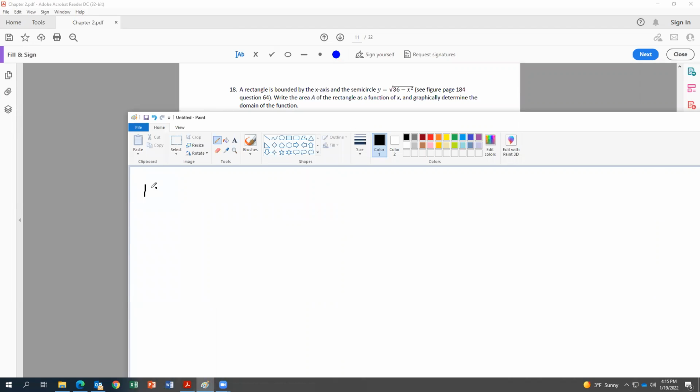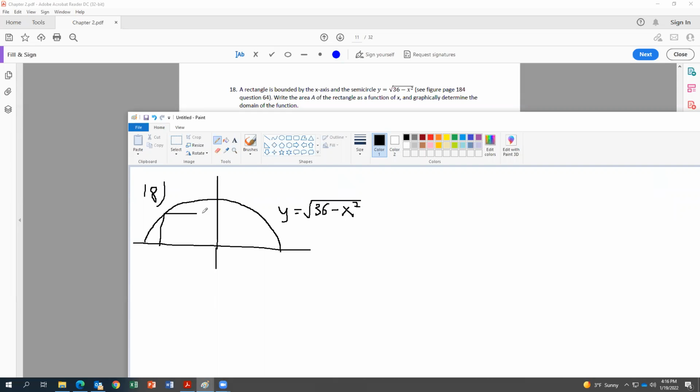Question 18, we have a rectangle that is bounded by a semicircle. So this semicircle equation is given to us by y equals the square root of 36 minus x squared. And it is bounded by a rectangle.